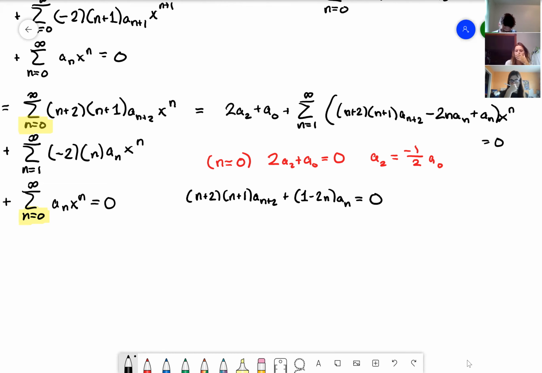And I'm going to do a couple of rewriting steps in order to make this easier to deal with. Subtract that second term over the other side. I get n plus 2 times n plus 1, a_{n+2} equals the negative of that. I'll just move that into the parentheses and make it like this. a_n.